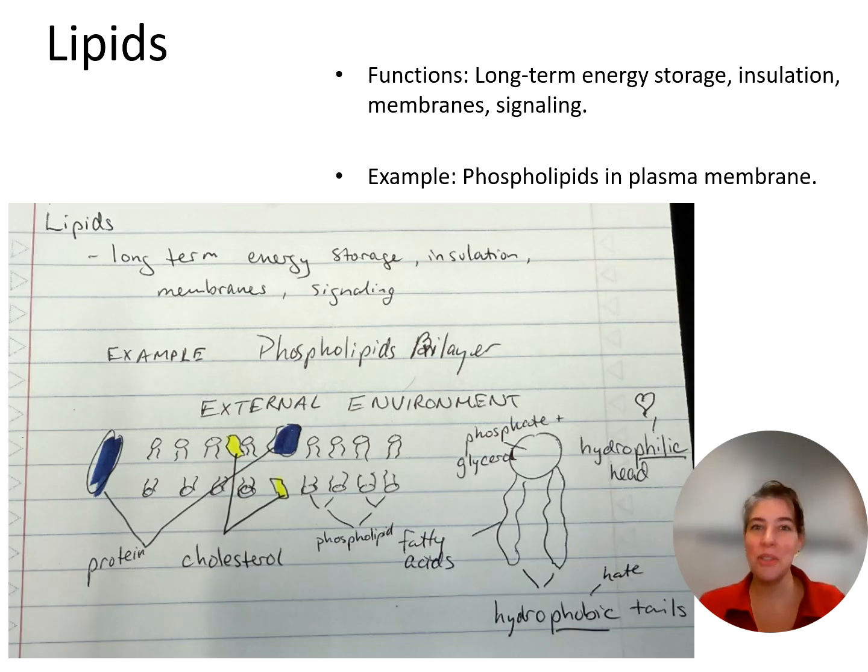I always say your brain loves cake because your brain is always craving sugar and fats, your carbohydrates and your lipids. Without lipids, cells wouldn't have protective barriers or ways to send signals or information. So lipids are super important.